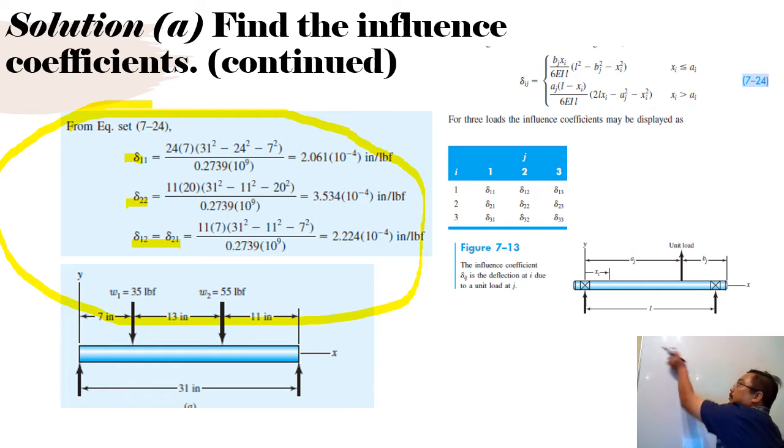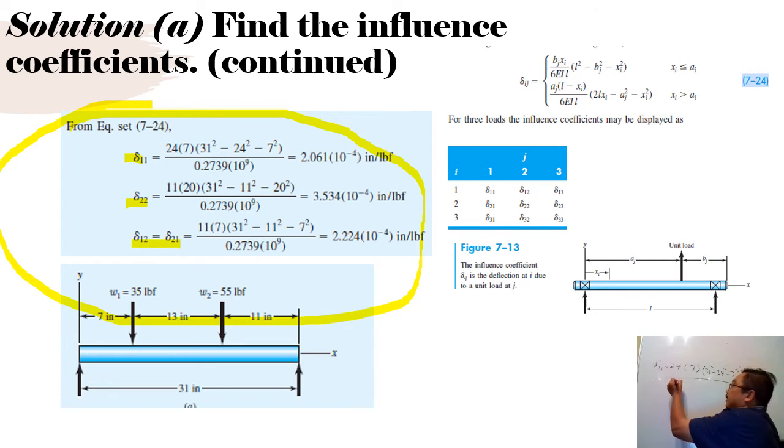So we come to the equation. D11 equals 24 times 7 over 6EIL, times 31 minus 24 minus 7.